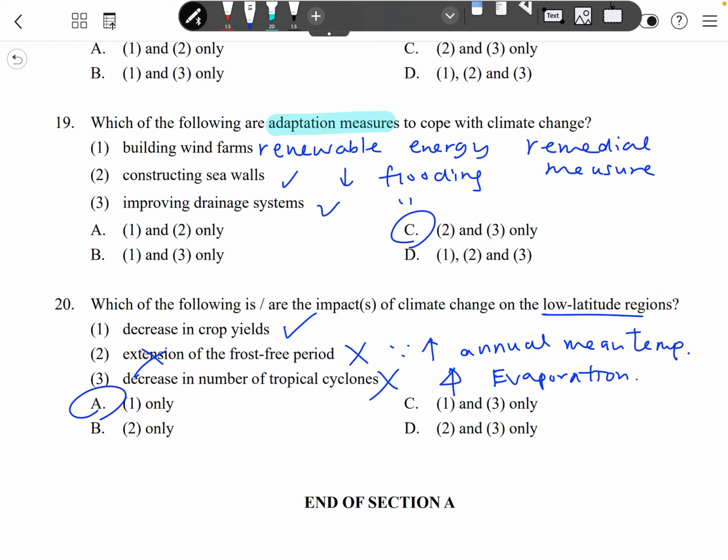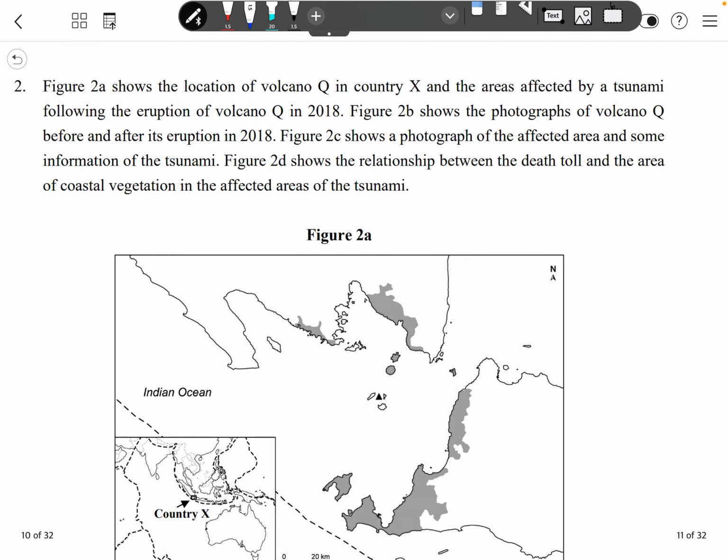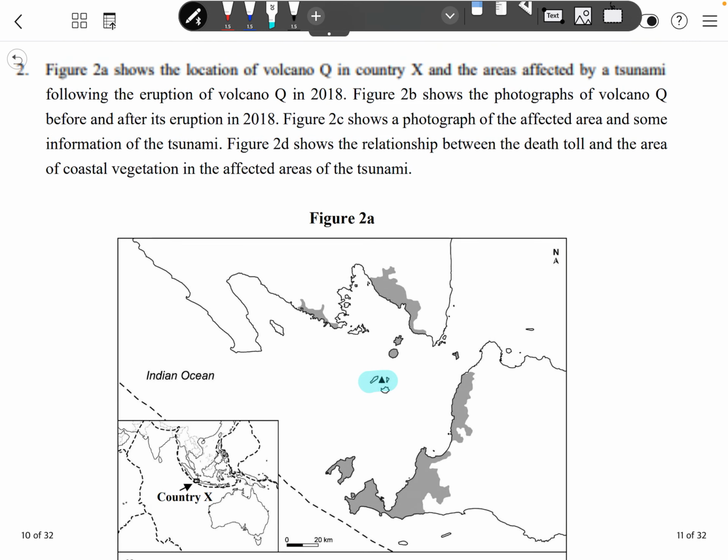Now we're going to move on to the DBQ questions. We would like to discuss question 2. 2A shows the location of volcano Q. Let me show you one more time: volcano Q here in country X and the surrounding area affected by the volcanic eruptions. 2B shows a photograph of Q before and after the eruption. 2C shows a photo of the affected area and some information about the tsunami.